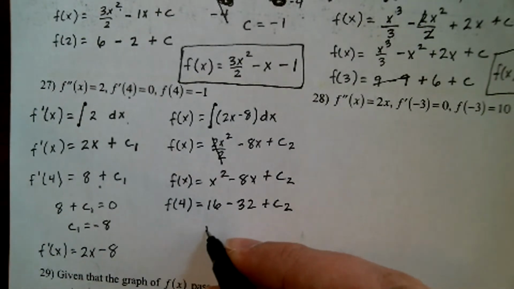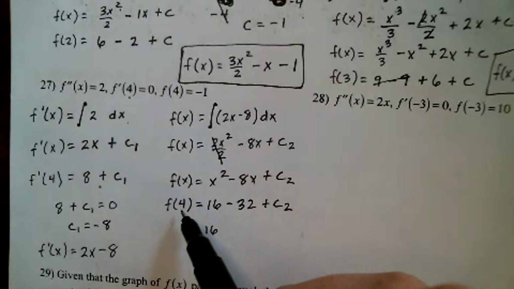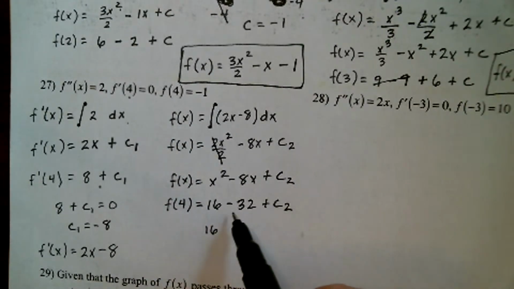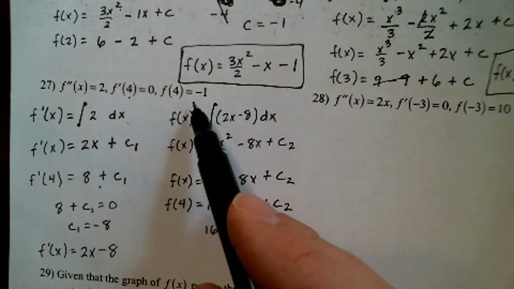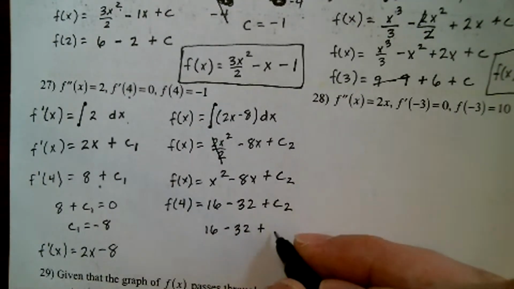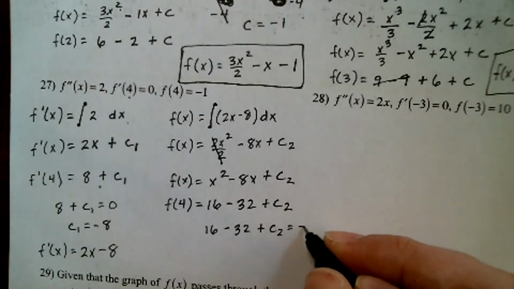I set that equal to what f of 4 equals, which is negative 1. So 16 minus 32 plus c sub 2 equals negative 1.